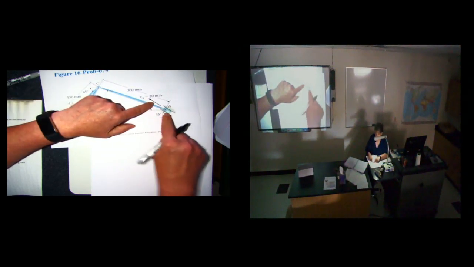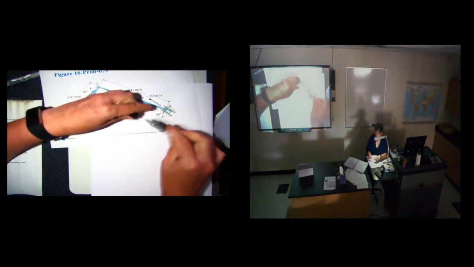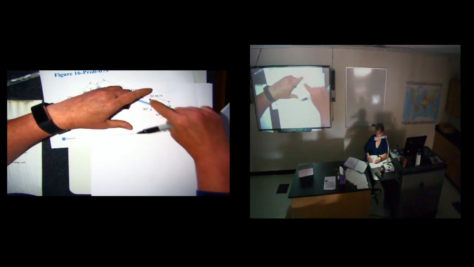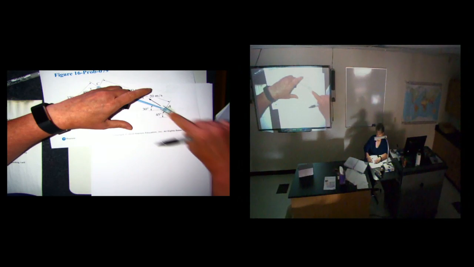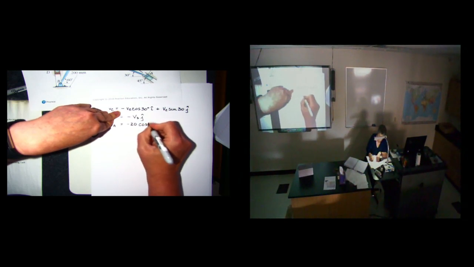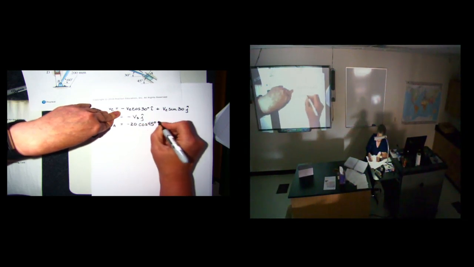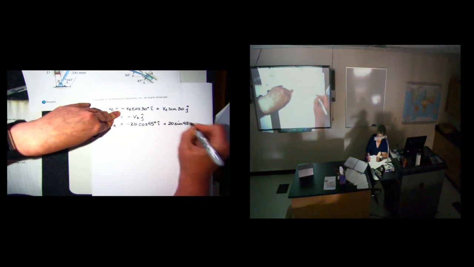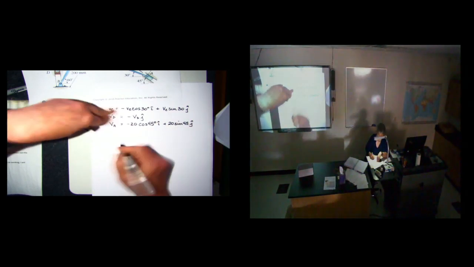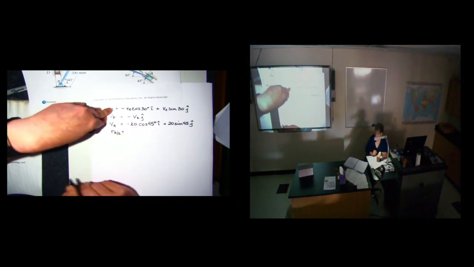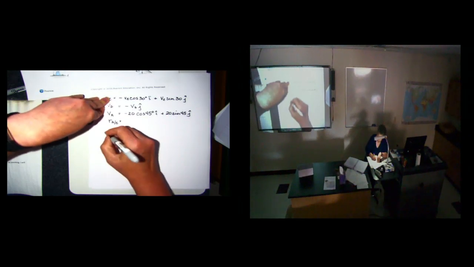And we know that VC is going to equal VA plus my omega AC cross with my RAC. So I'm going to do this part first. And this becomes minus 0.2598.